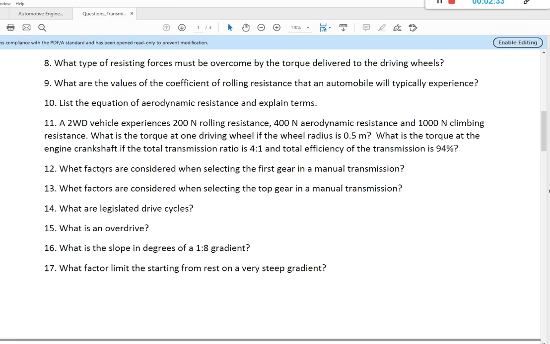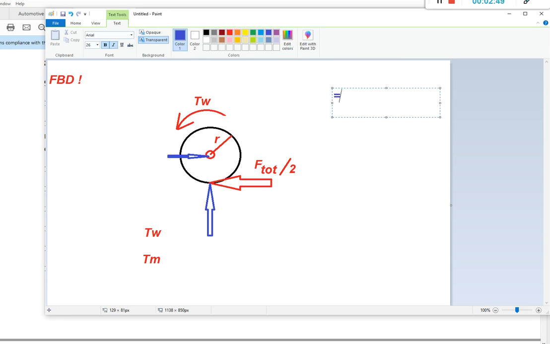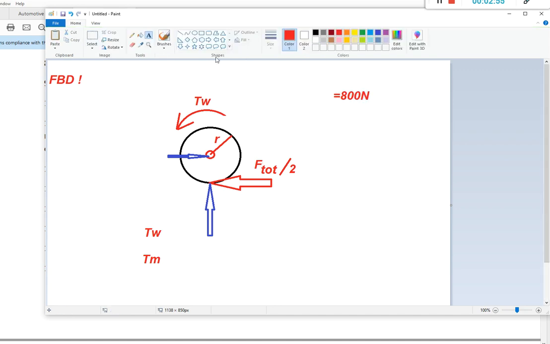It will be 200 plus 400 plus 1000, 1600. Two wheels, divided by 2, so for this one wheel we have equals 800 newtons. Maybe if I change this to the original red color, okay. And then for the torque, that's trivial.